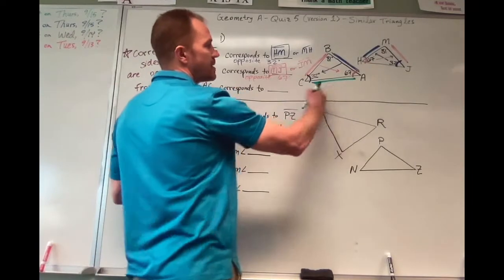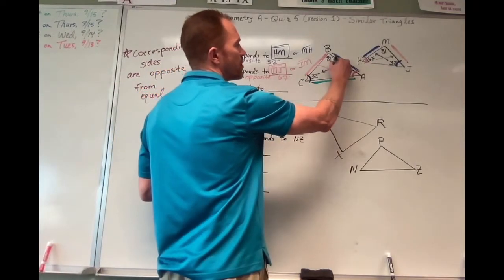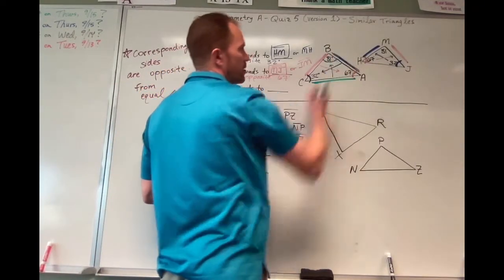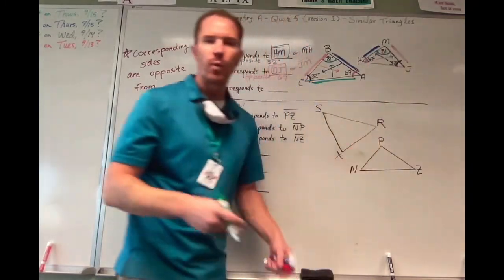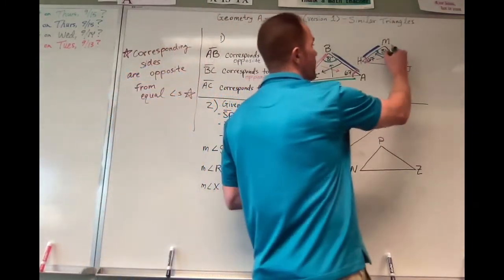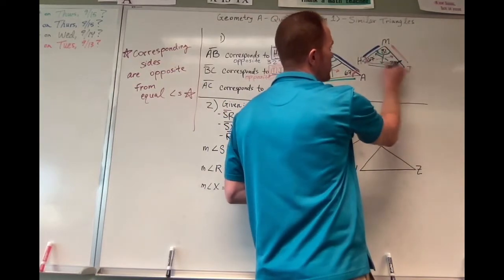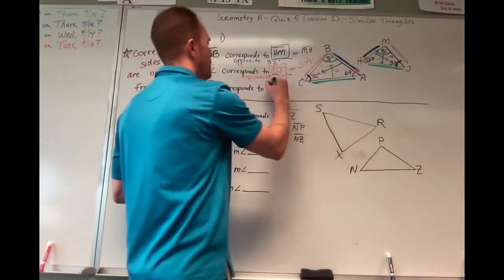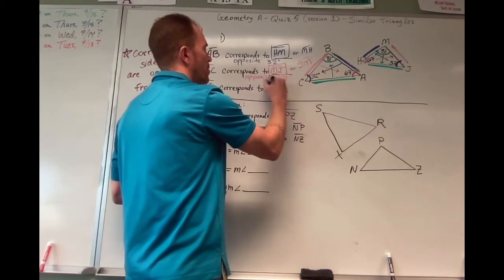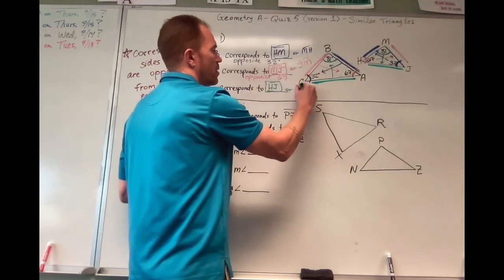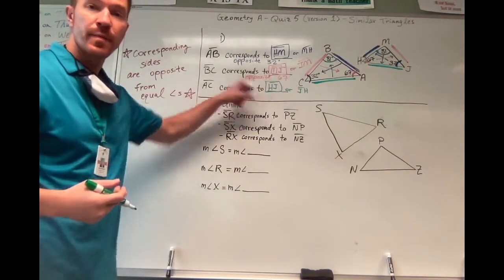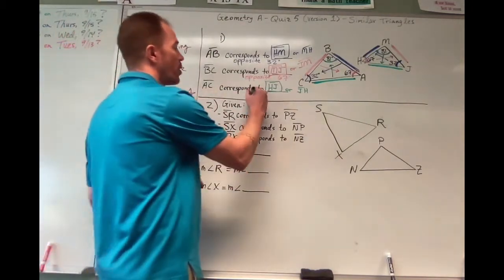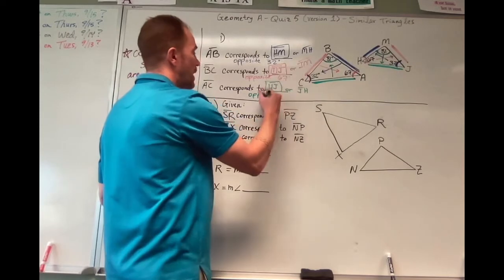So side AC is opposite from an 81-degree angle. This one's got an 81-degree angle. And what's the side opposite from it? Well, there it is, HJ or JH. Why are these two corresponding sides? Because they're both opposite an 81-degree angle.